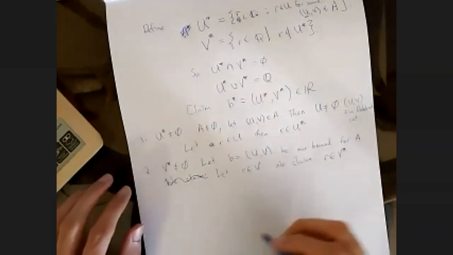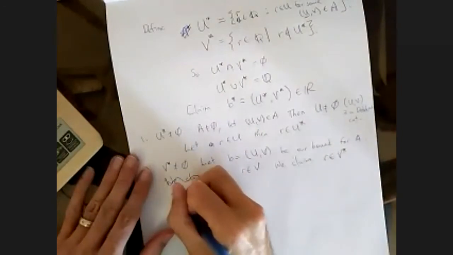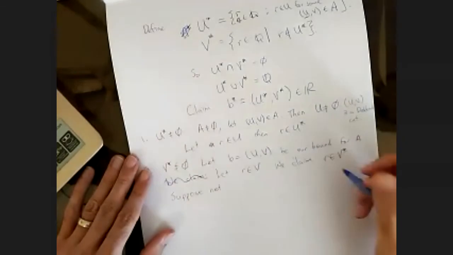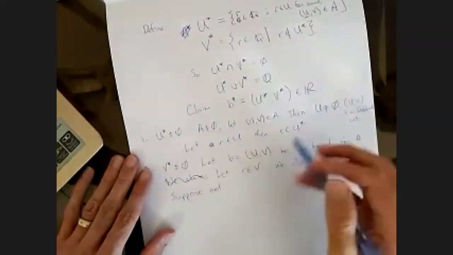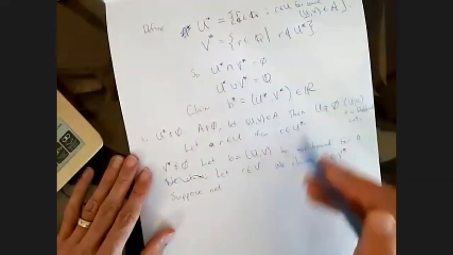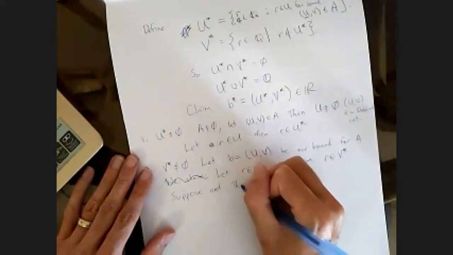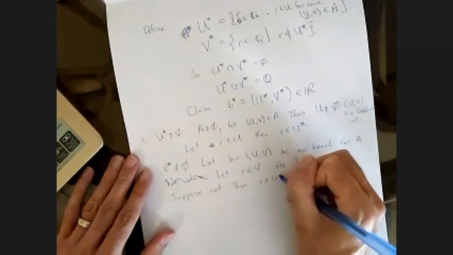Okay, suppose not. For a contradiction, suppose not. Well, that would mean that R would be in U star because U star union V star is the rational numbers, all rational numbers. So then R is in U star.